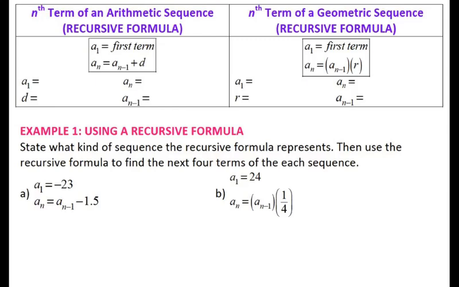A recursive formula is built off of previous terms. So let's start by labeling what we know. a_1 represents the first term. a_n represents the nth term. d, since it's arithmetic, is your common difference.